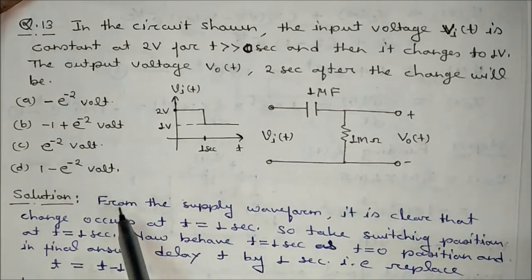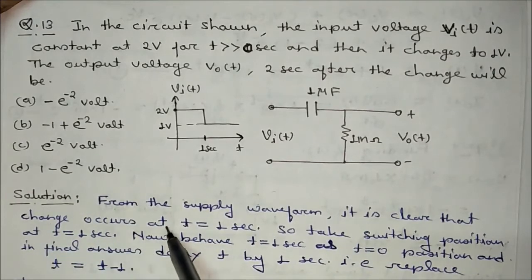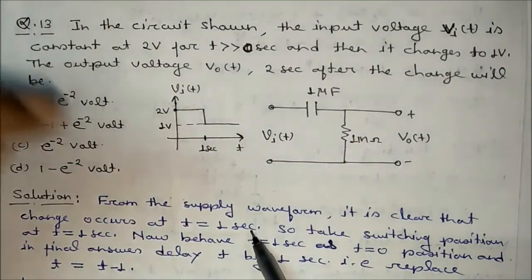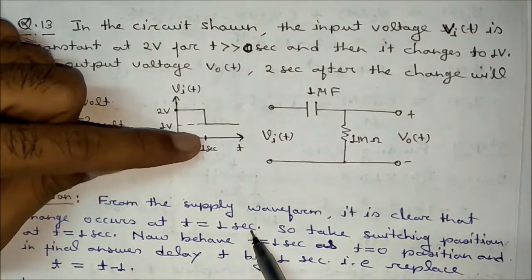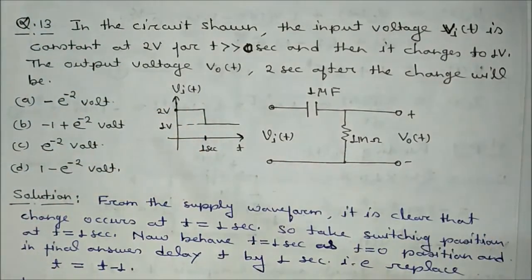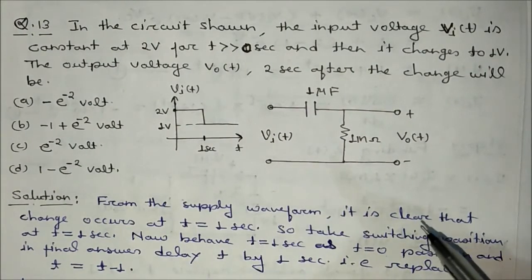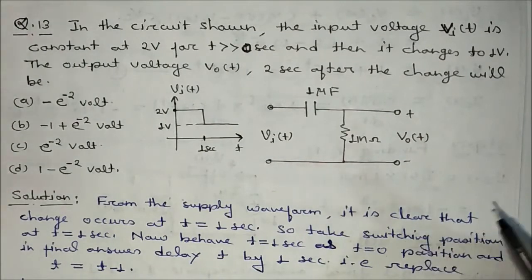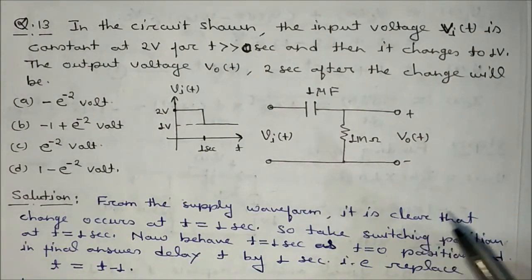From the supply waveform it is clear that the change occurs at t equal to 1 second. So now we take this t equal to 1 second as the t equal to 0 position. Why am I doing so? Because we have done every problem just before t equal to 0 and just after t greater than 0.